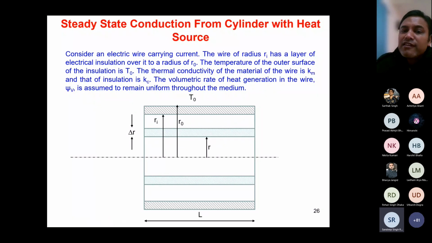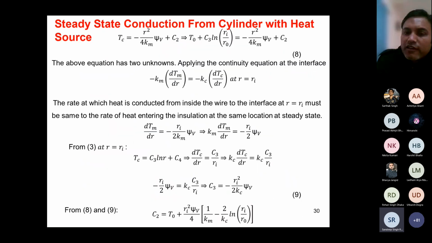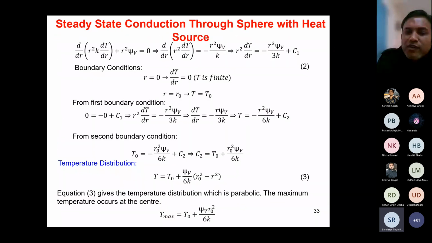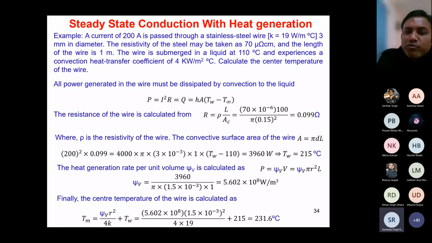So the only difference in the given system is that this insulation is not there. Do you all agree with me? Yes, sir. So the same equations we have to use in this case also, except the insulation term.